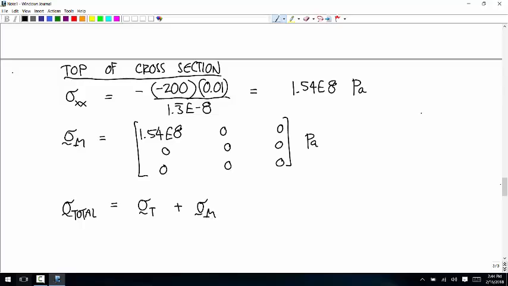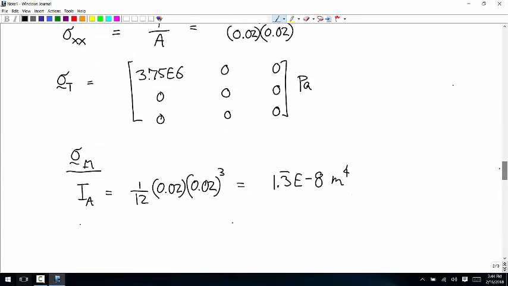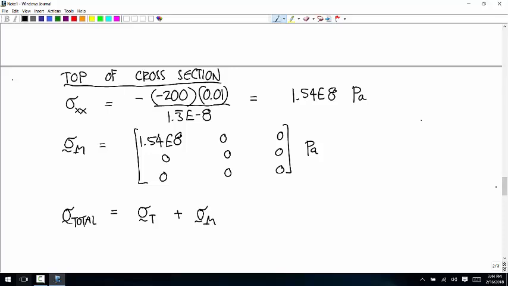Well, the one for tension ended up being pretty small. So we got like 1.54375 times 10 to the 8th, and then zeros everywhere else.